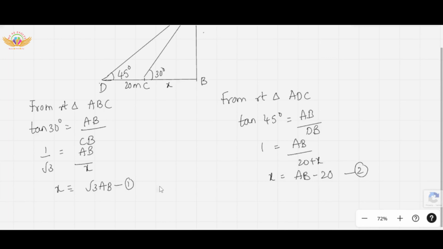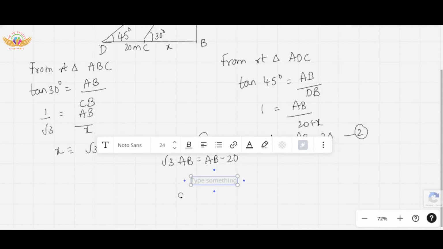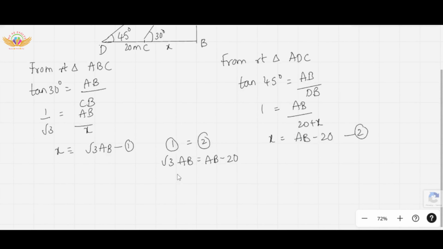Now equate both the equations. Root 3 AB equals AB minus 20. Now bring all the AB's to one side: root 3 AB minus AB equals minus 20.